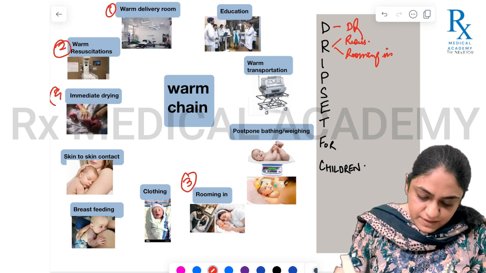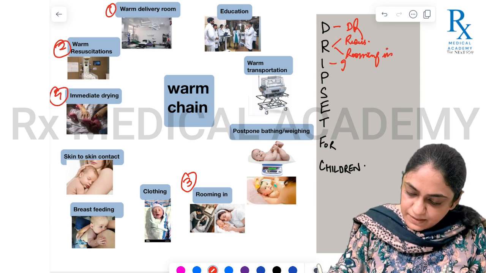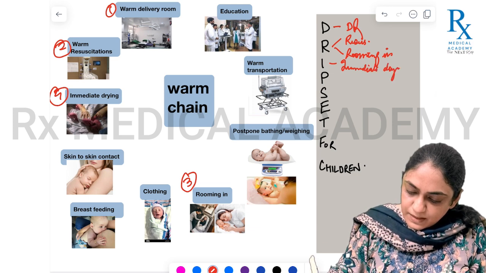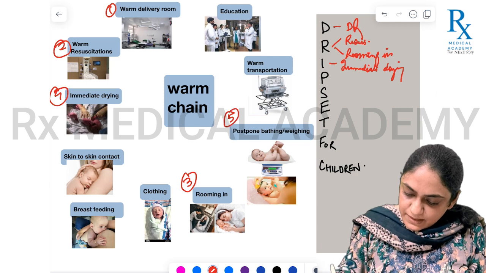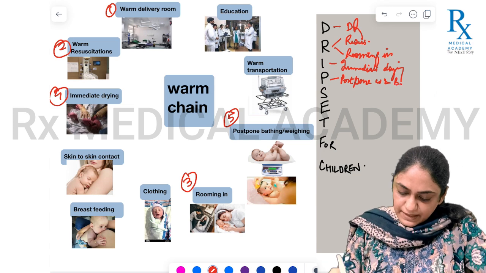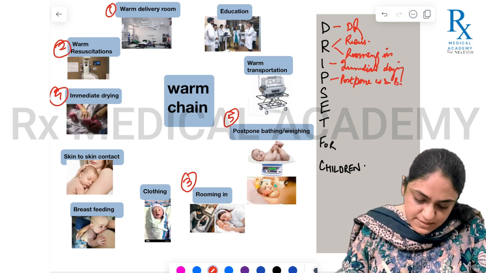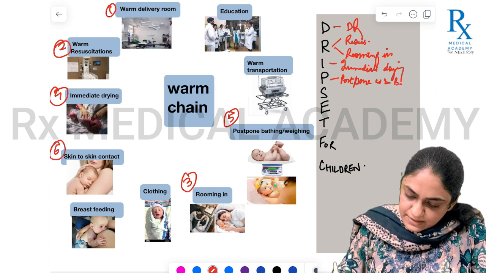Then the fourth one is immediate drying. Then the fifth one is postponed bathing and weighing. Postponed weighing and bathing, right? Then the sixth one is skin to skin contact.